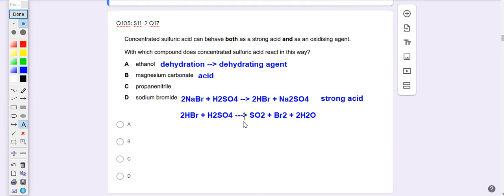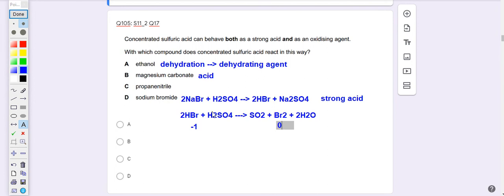Now, in the second step, look, the Br in HBr has a -1 oxidation state, but in Br2, it became 0. So oxidation occurs. Since HBr is the one that undergoes oxidation, it is a reducing agent.